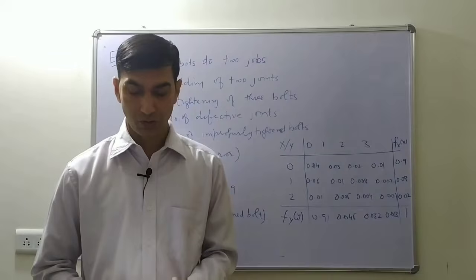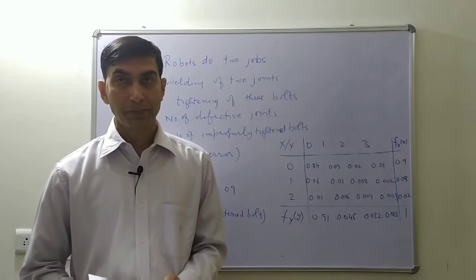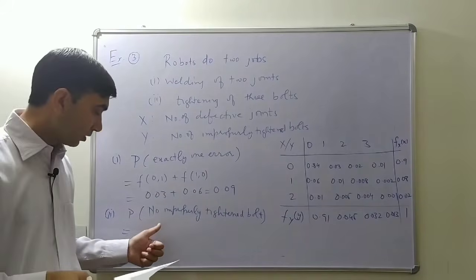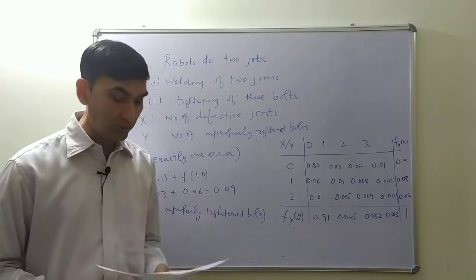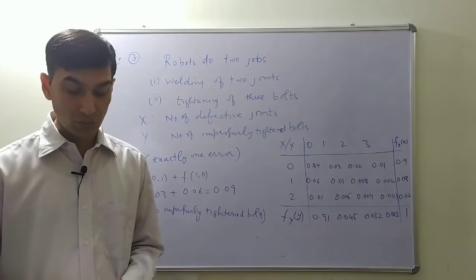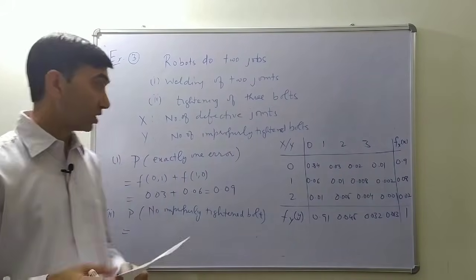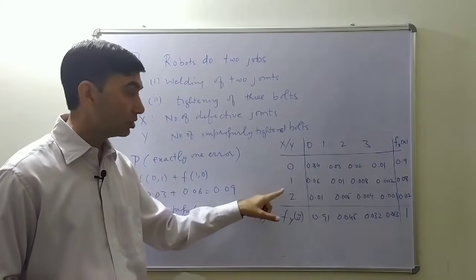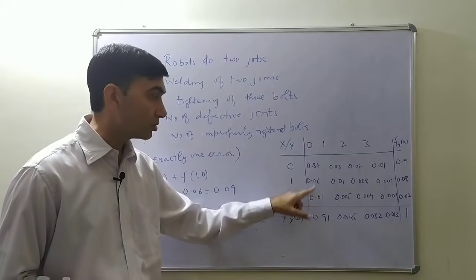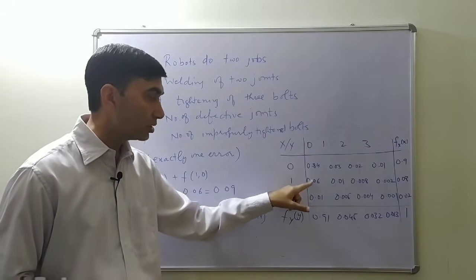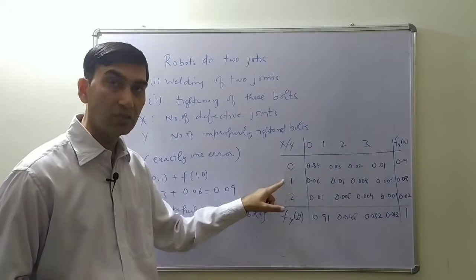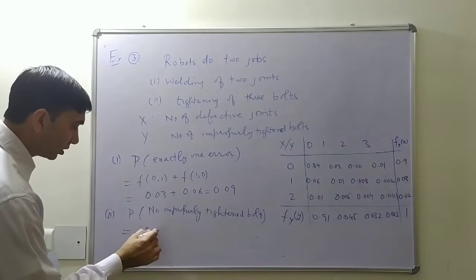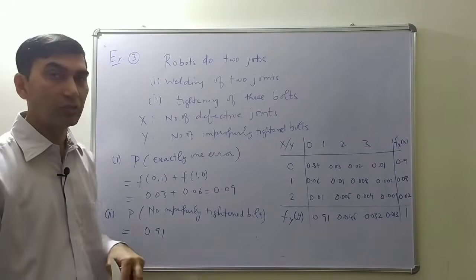No improperly tightened bolt means Y is 0, but x can take any value 0, 1, 2. So in this case you need to add these three probabilities because y is 0 in these three cases and x can take any of these three values. So what is their sum? 0.91. So just you can add those three and write your answer as 0.91.